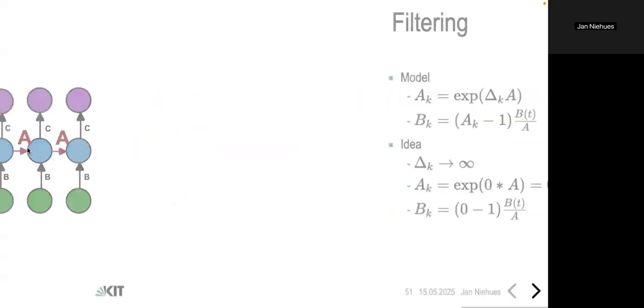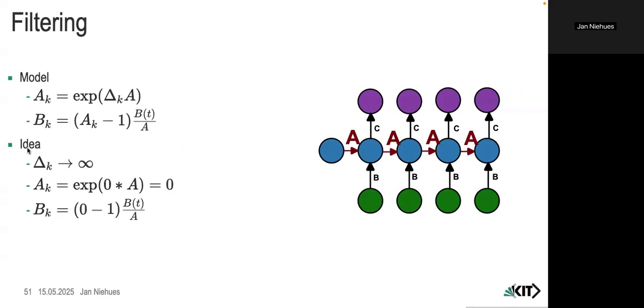It's not even really wrong. So what you just do is take your sampling length to be very long. Imagine you have a very long time where you didn't sample and then you sample again; that somehow means all the previous things aren't there anymore, they're forgotten. And that works mathematically too. If your delta_k goes to infinity, then your A_k is the exponential of infinity times A, and if A is negative, this goes to zero.